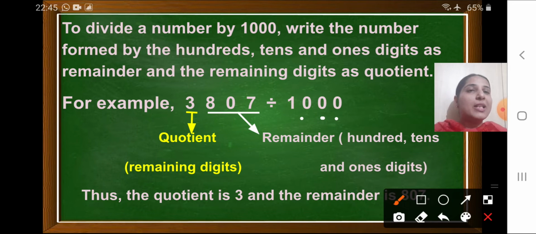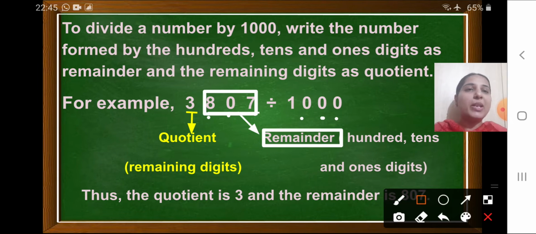So we will start from the ones place of the dividend. So ones, tens, hundreds. So that number 807 will be the remainder, whereas the remaining digit will be the quotient. What is the remaining digit here? 3. So that 3 is the quotient.